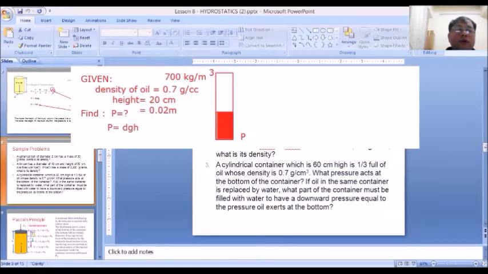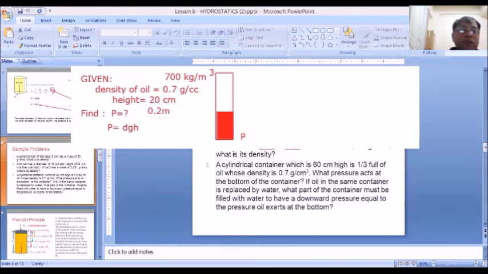Once we get the equivalent unit of the density in kilogram per cubic meter, which is 700, and the height, which is 20 divided by 100, it's not 0.02 but it should be 0.2 meters.